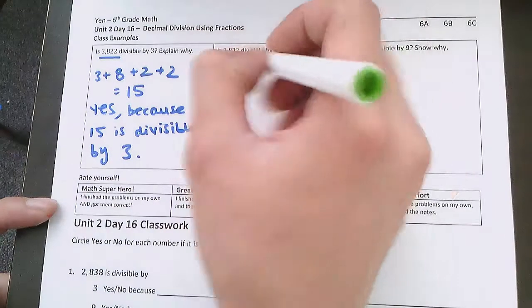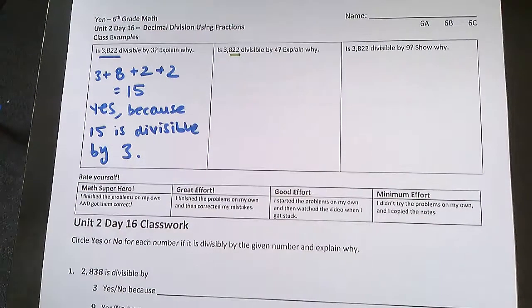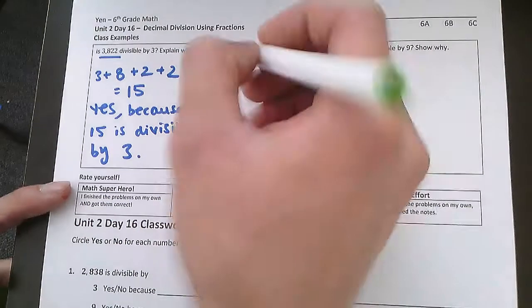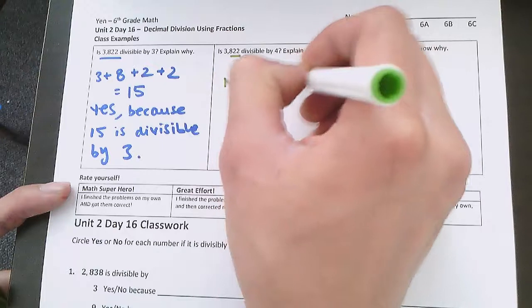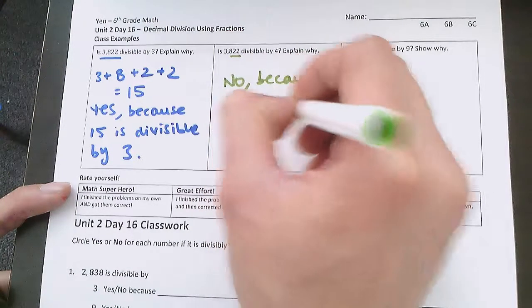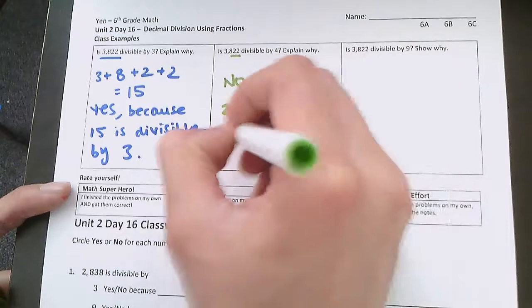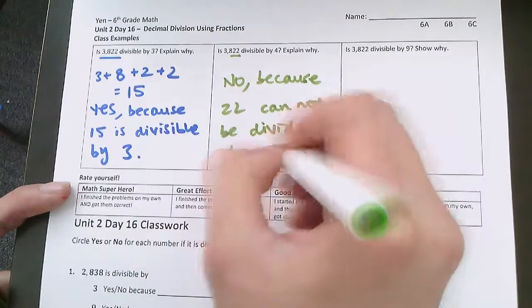And so I check. Can I divide 22 by 4? I can't. So I'd say, nope, this one doesn't work because 22 cannot be divided by 4.